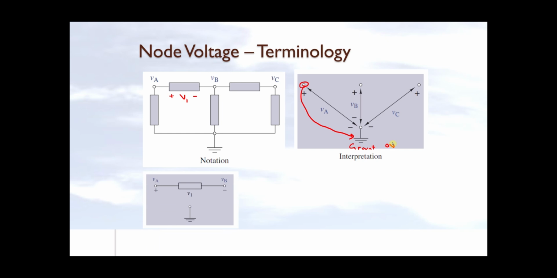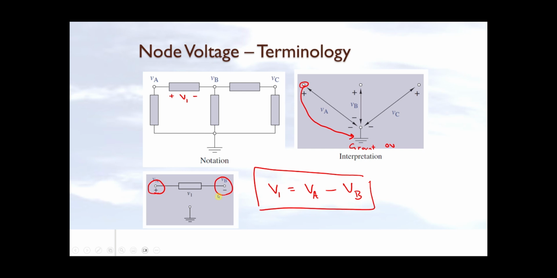As a result, if I have an actual element whose actual voltage is V1, I can write V1 as the difference between the 2 node voltages connecting this element to the rest of the circuit. For the element down here, the first node is VA minus VB. So I replace the actual voltage with a difference between the potentials, or the voltages, at the two nodes connected to this element.